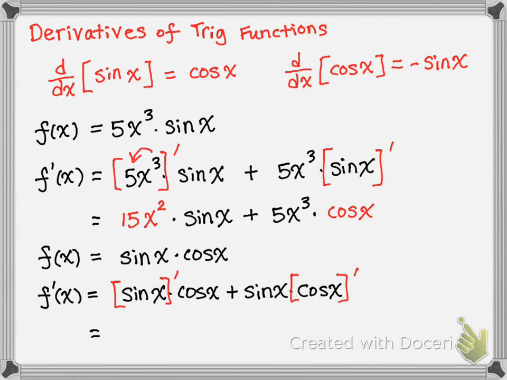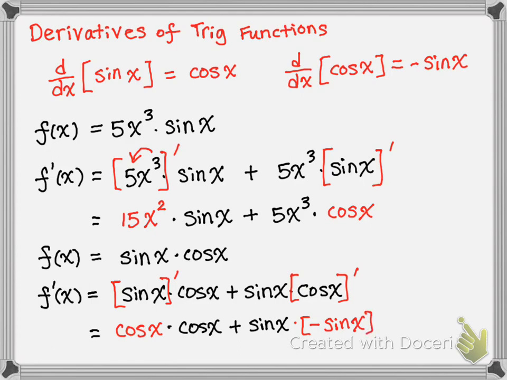So now, the derivative of the sine function is cosine of x. Then you multiply by cosine of x. Then you plus sine of x times the derivative of cosine of x, which is not sine x, it's negative sine of x.